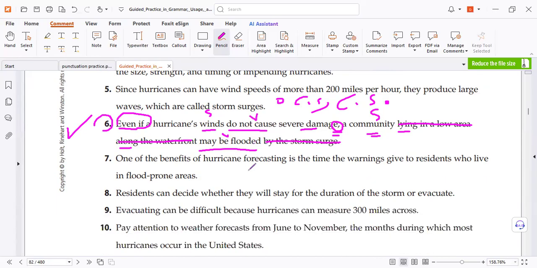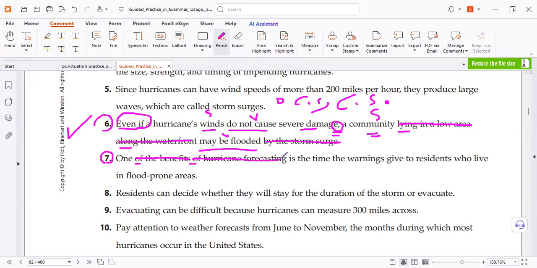Now, I'd like you to find the subject and verb in number 7. Try. Follow the rules.